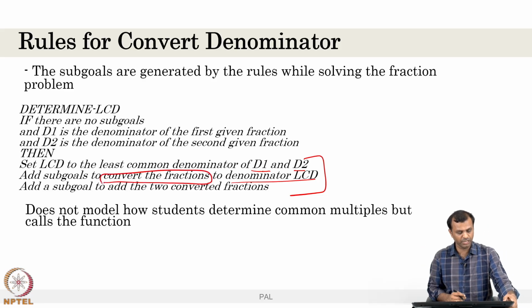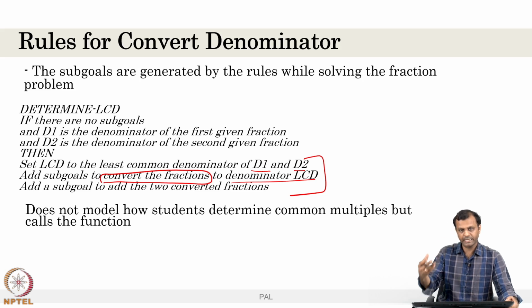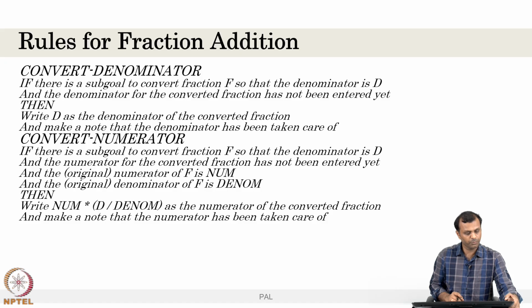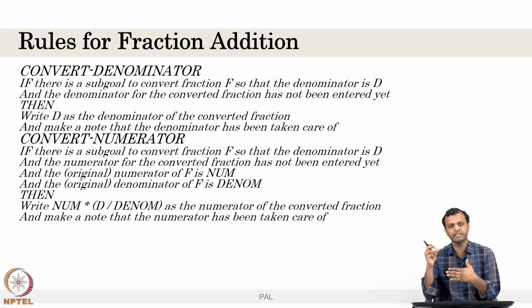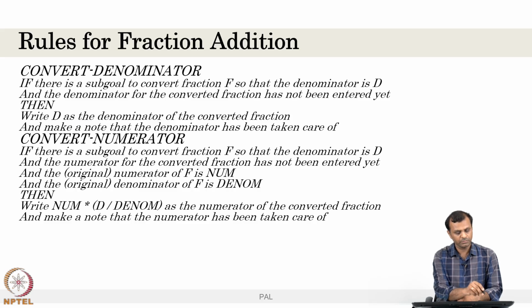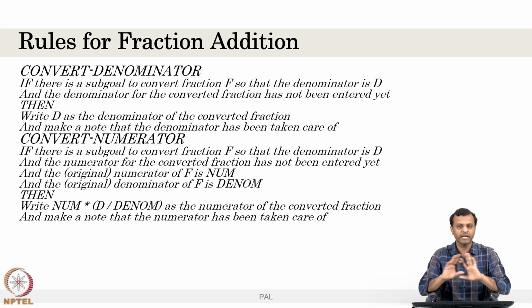Initially you start with no sub goal, and after this particular step you add the new sub goals. Now the sub goal exists, so if the denominator is d and the denominator for the converted fraction has not been entered yet, enter the d value as the denominator of the converted fraction and make note that this particular sub goal is done.